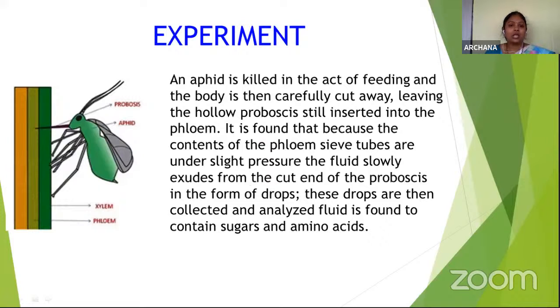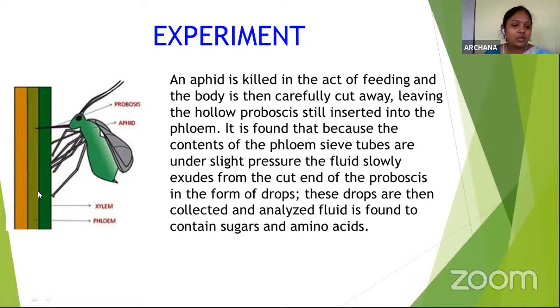Now, the biologists did an experiment to find out whether phloem conducts food materials or not with the help of aphids. Here in this picture, we can see an aphid pierced its hollow organ called proboscis into the phloem.